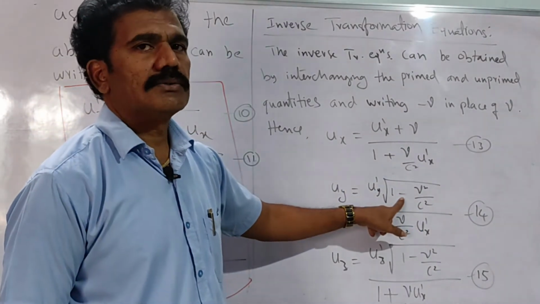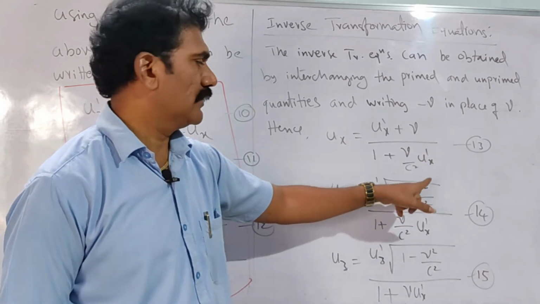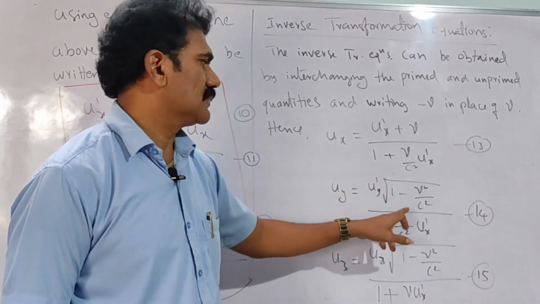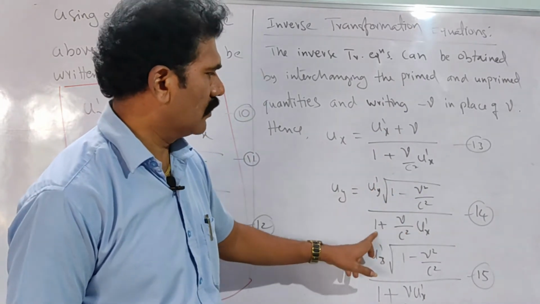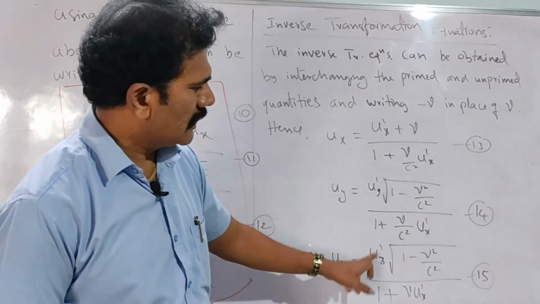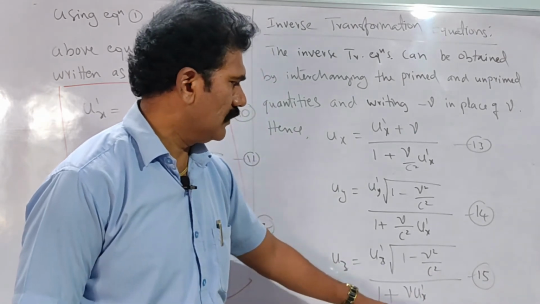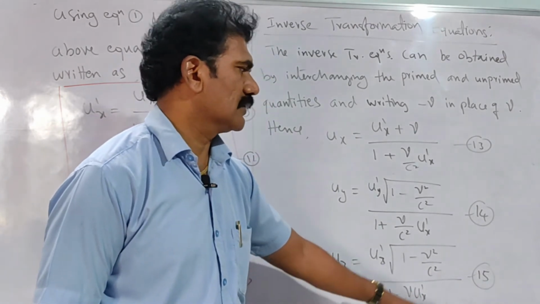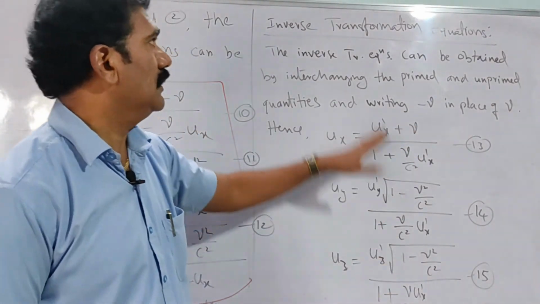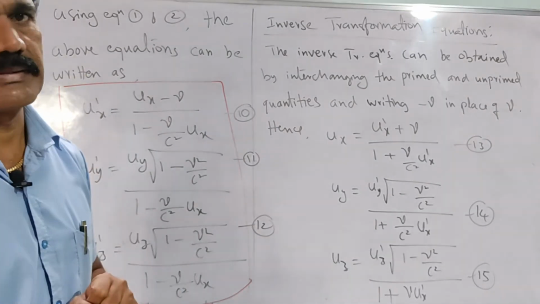Here there is no change, it is actually minus only, because v square is the same even if you write minus v, after squaring it will become the same. Divided by 1 plus v by c square into ux dash, and uz equal to uz dash into square root of 1 minus v square by c square divided by 1 plus v into ux dash by c square. That is equation 15. So equations 13, 14, 15 are called the inverse velocity transformation equations.